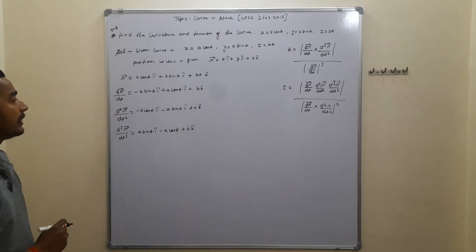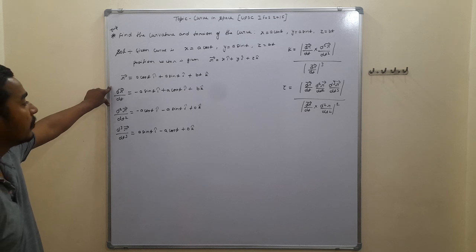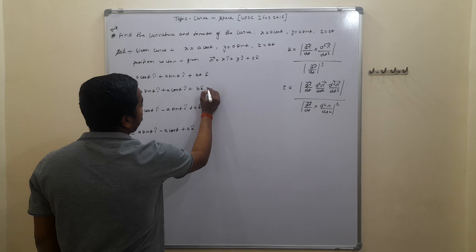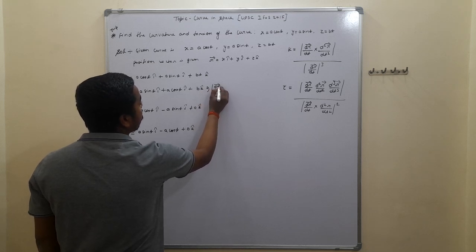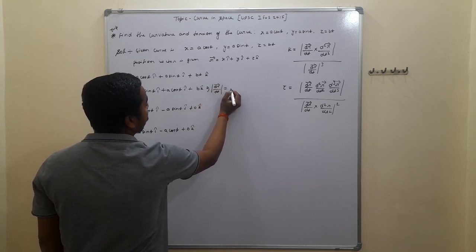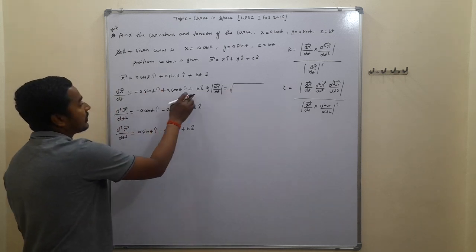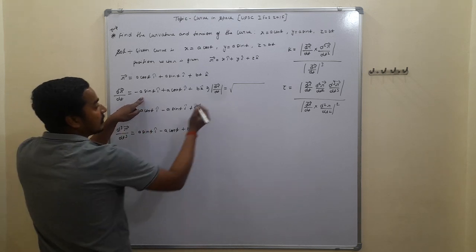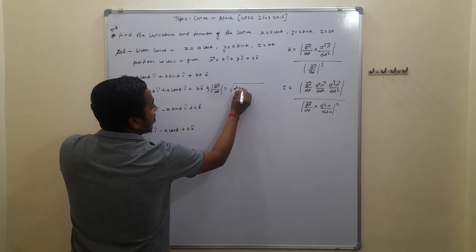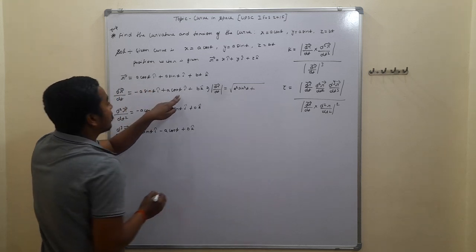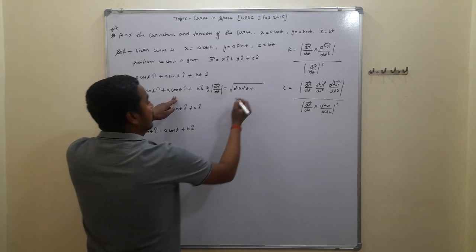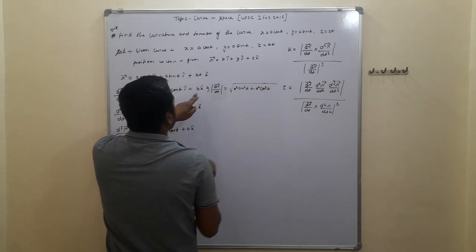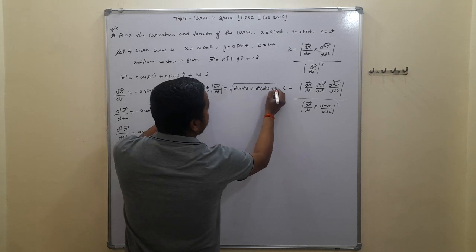Further, first we have to calculate the mod of dr/dt. We calculate the mod of dr/dt, which is given by the square root of the sum of the squares of the coefficients of i, j, k. The coefficient of i is minus a sin t, squaring gives a square sin square t, and the coefficient of j is a cos t, squaring gives a square cos square t, and the coefficient of k is b, so we write b square.